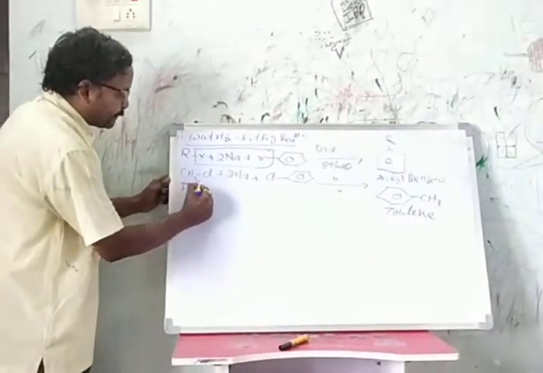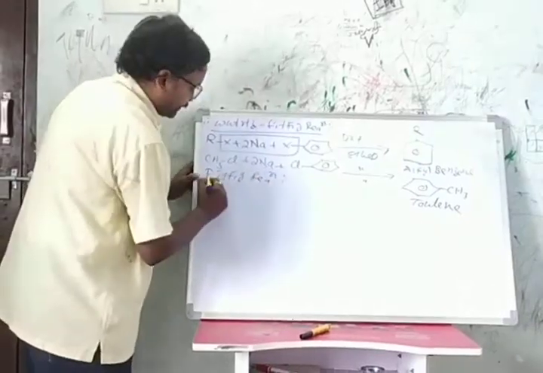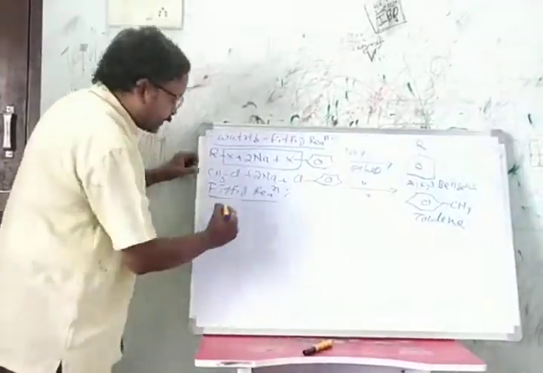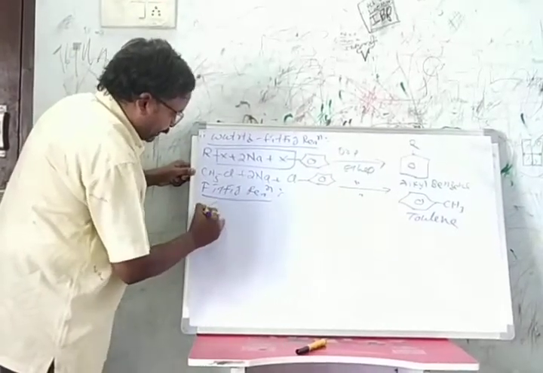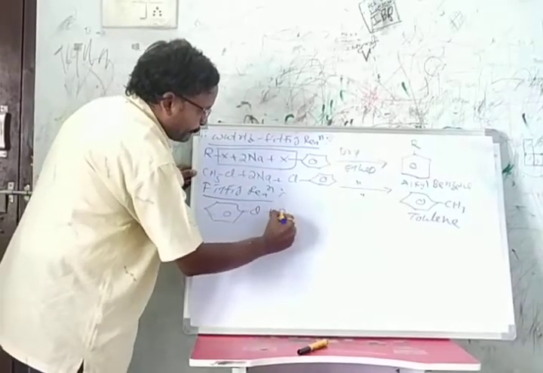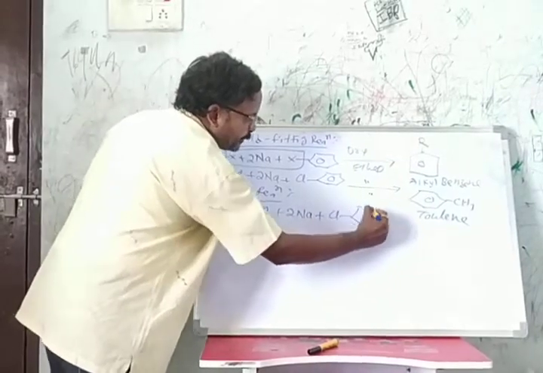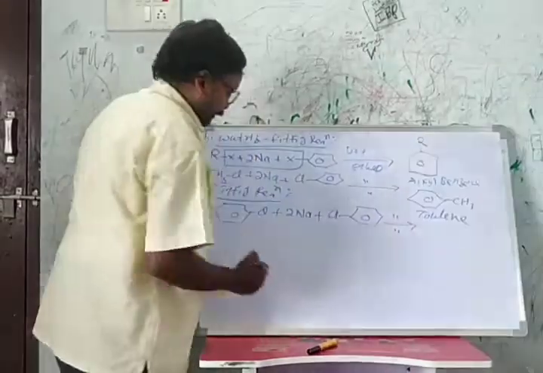Then in continuation we will see the Fittig reaction. What is the Fittig reaction? Take 2 moles of chlorobenzene, I am writing like this, with sodium in the presence of dry ether. What happens?